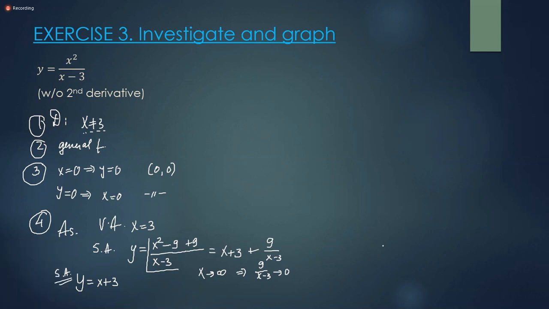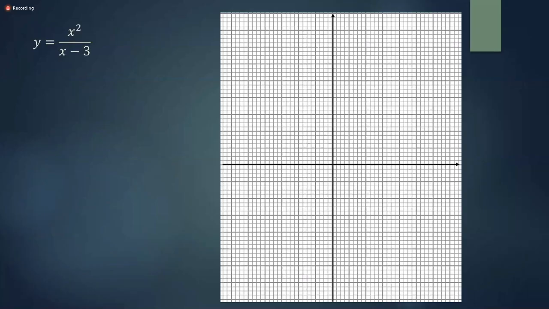So what we can do, I will already sketch those asymptotes in, let's say, red, no problem. So one asymptote, the vertical asymptote, x is 3. X is 3, that will be this vertical asymptote.